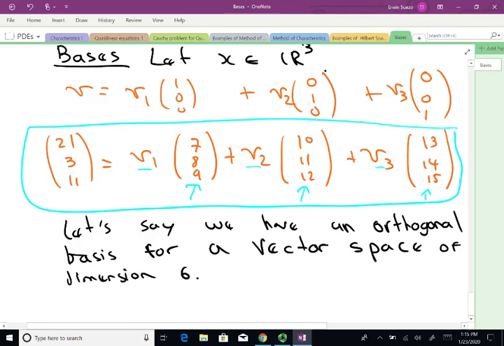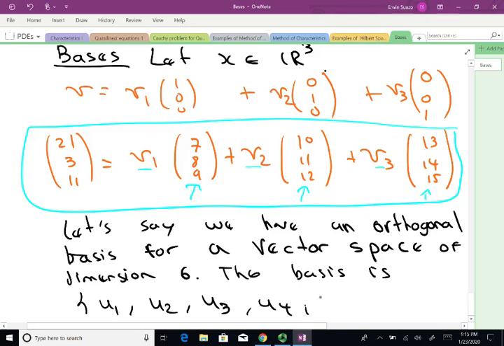You can think that you are in R6 if you want. The basis is, let me use U1, U2, U3, U4, U5, and U6.